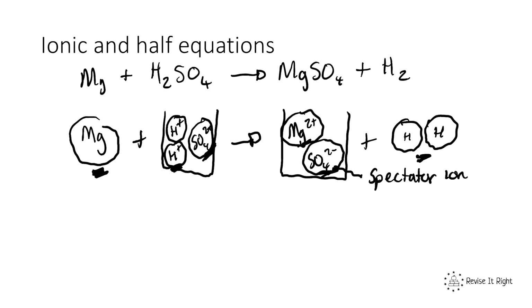Okay, so if you see here, we've got our magnesium. So that's the magnesium. And here we've added it to our 2H+. And then here we've added it to our sulfate ion.